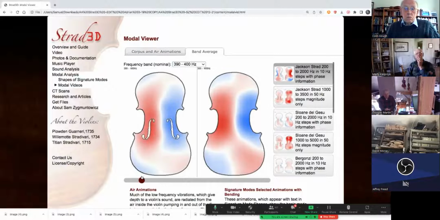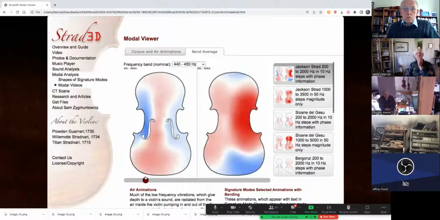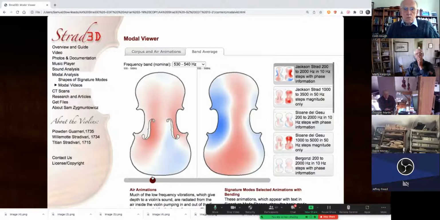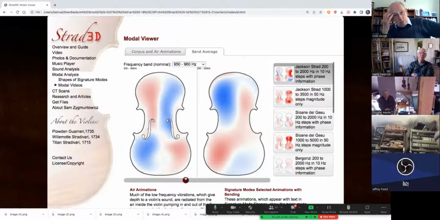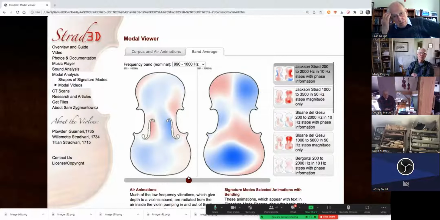There's CBR, very symmetrical. There's probably B1 minus with the baseball animations, as they call them. There's B1 plus, more or less what you'd expect. And then as we get into the 700s, there are some of these pumping things. As we get into the transition hill, you start to get a lot of motion on the F-holes.